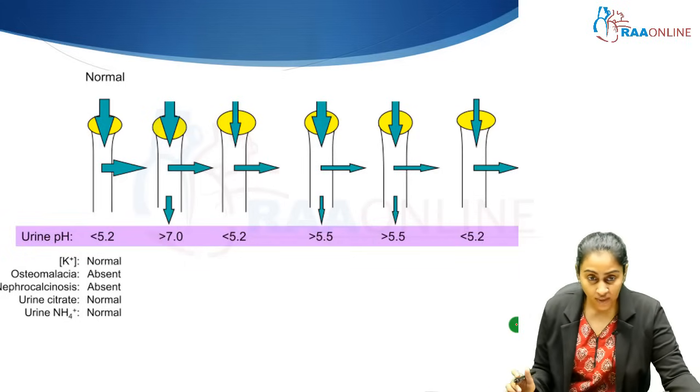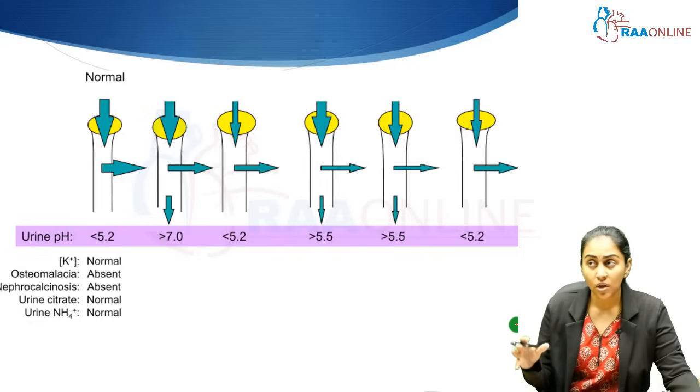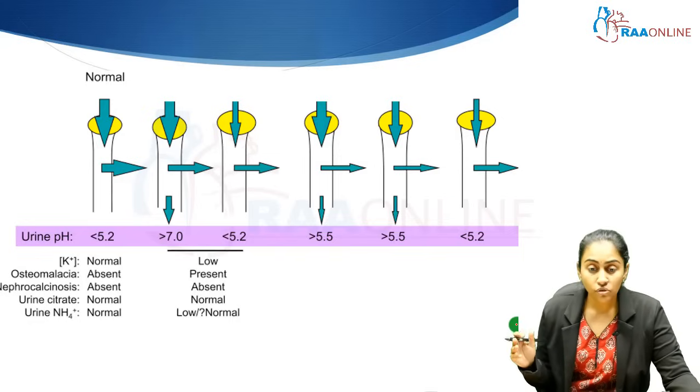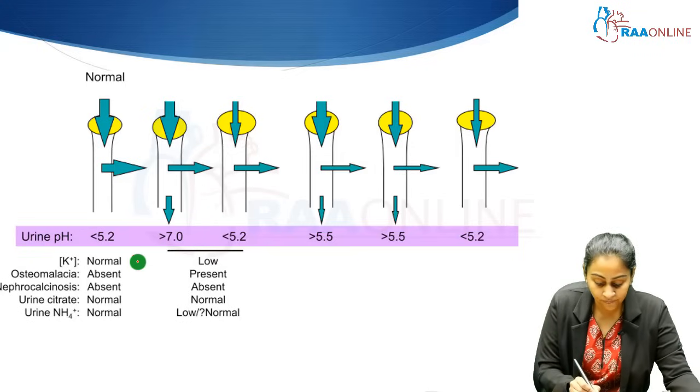Now these are the indicators which will help us to understand what type of renal tubular acidosis we are dealing with. So if potassium is low, if there is osteomalacia, there is no nephrocalcinosis, if the urine citrate is normal, and if the urine ammonium is normal or low. So variable.